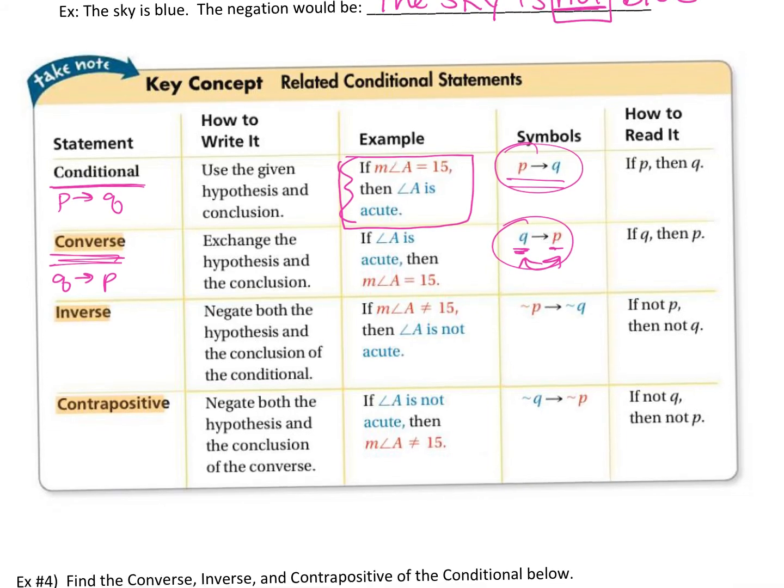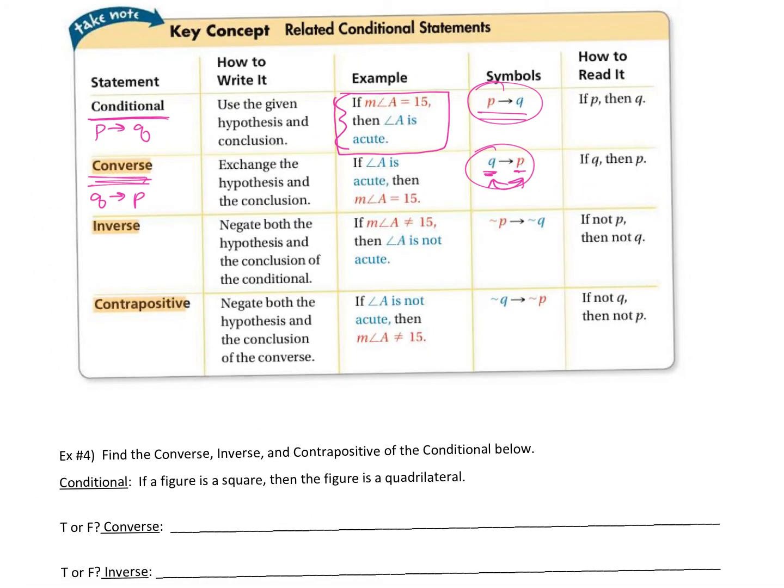Okay, so that's converse. Inverse gets a little bit fancier. Inverse goes back to the original, but negates both parts. Remember, the little tilde means not. So now instead of if the measure of A is 15, we're saying if the measure of A does not equal 15, then A is not acute.